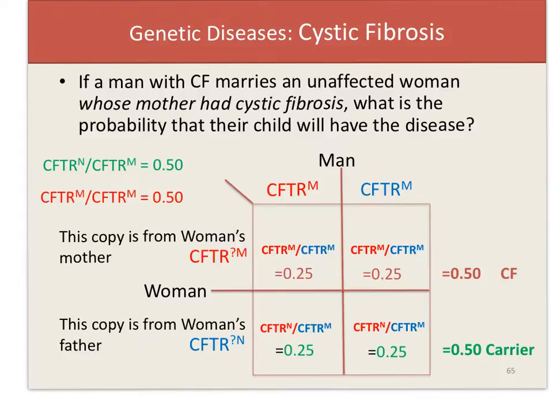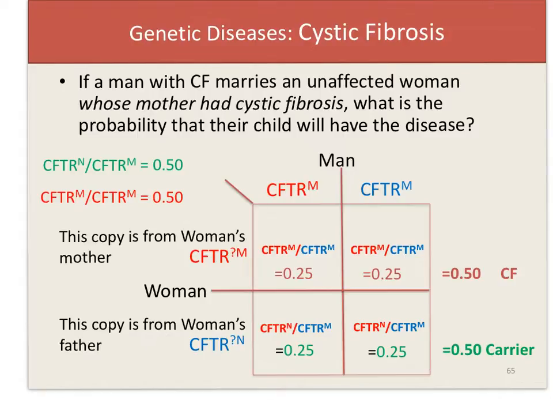Now, remember, the woman's mother had it, but the father probably has a normal copy. So that would make her, if you see on the left, heterozygous. 1 normal copy, 1 mutant copy.